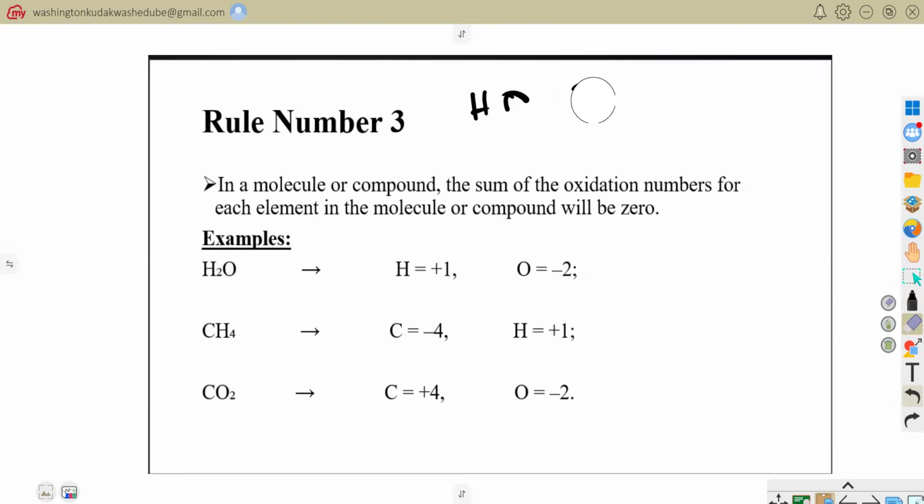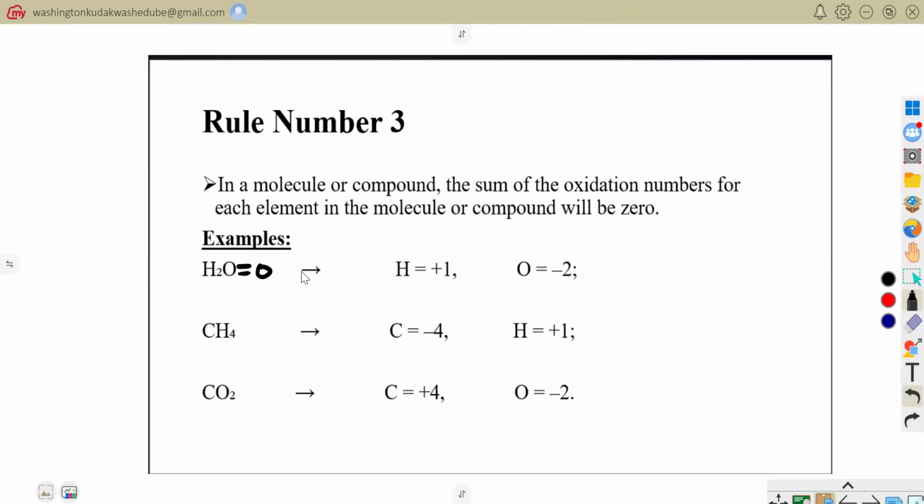So for example, we have water here. For water, the sum of the oxidation numbers has to be equal to 0. Let's look into individual atoms. Hydrogen carries a positive 1, and oxygen carries a negative 2.